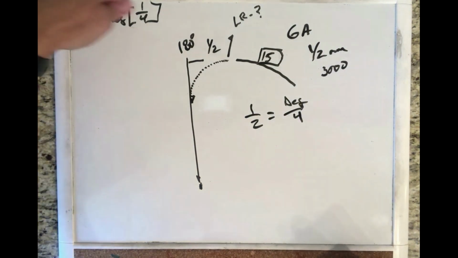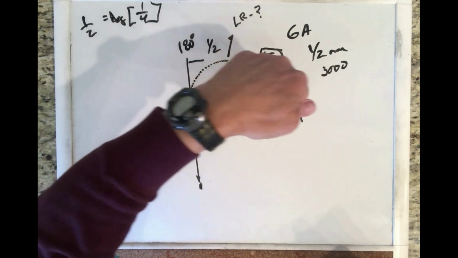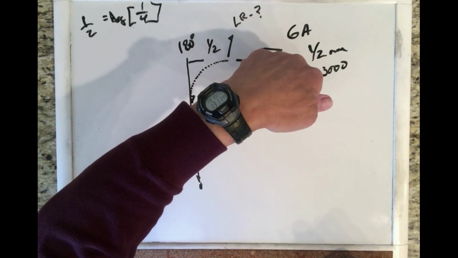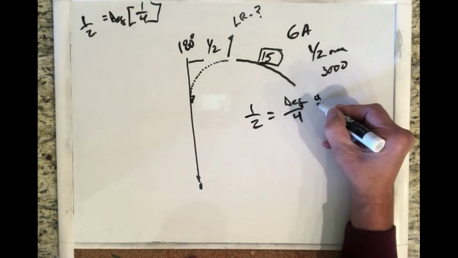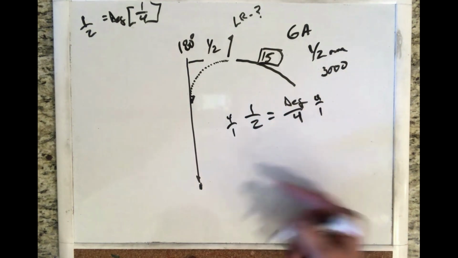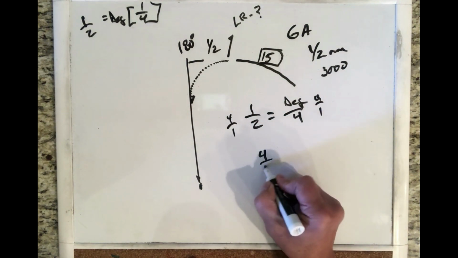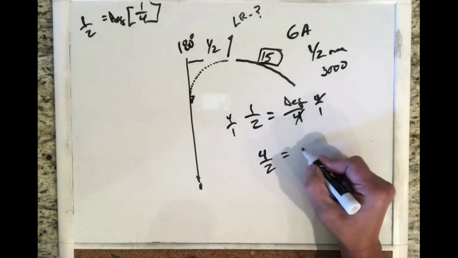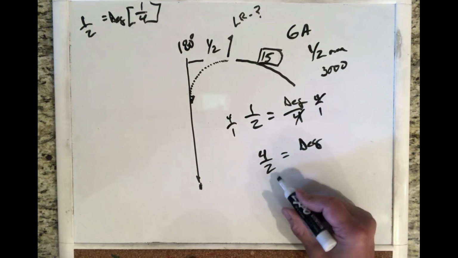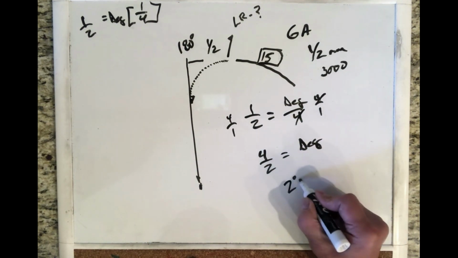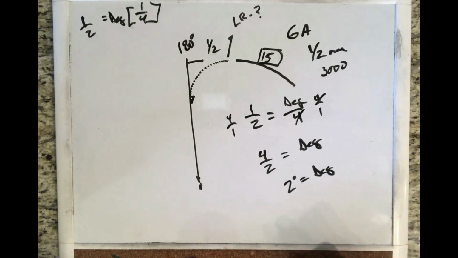That's what that is. Well, obviously, we're looking for degree. That's the unknown. And to get rid of this 4, we're going to multiply both sides of the equal sign. So we end up with 4 over 2 equals, these cancel out, degree. And of course, 4 divided by 2 is 2. 2 degrees. There you have it.